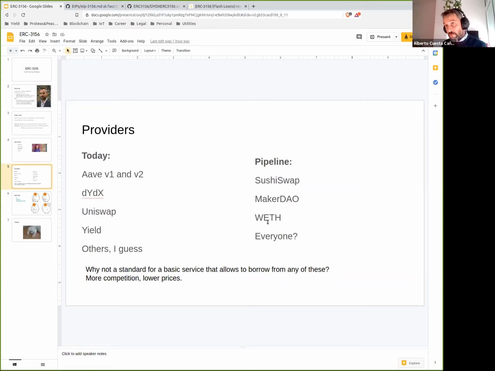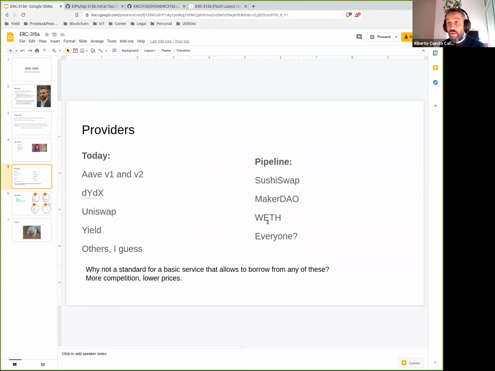You could also get flash loans for free from DYDX, but their interface was hard, so very few people use them, even if they were free. And you can also get flash loans from Uniswap that are much more expensive than Aave, but they are also quite hard to do. They have the positive that you have a really large amount of tokens: any token that you can trade in Uniswap, you can take a flash loan from, but it's not easy.